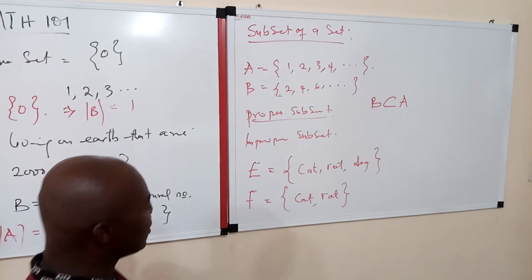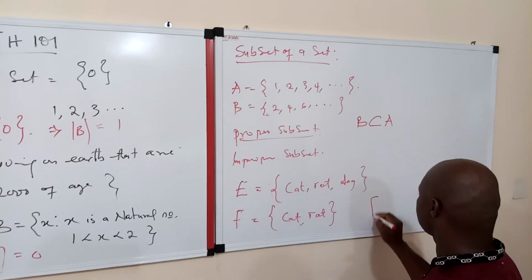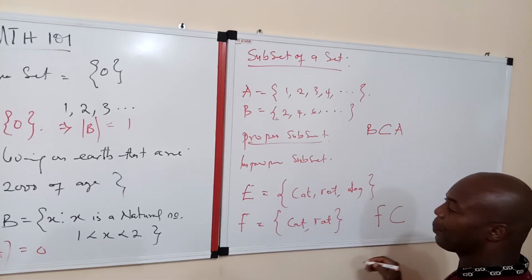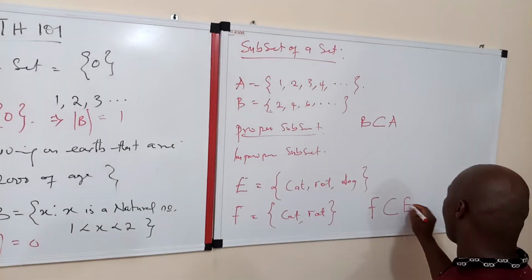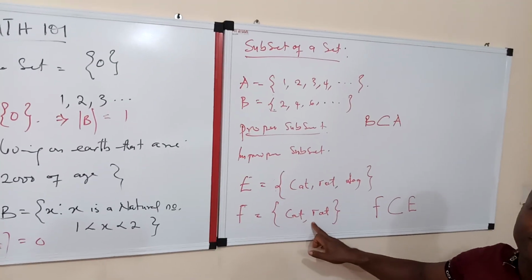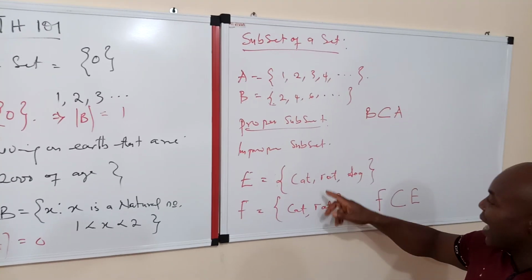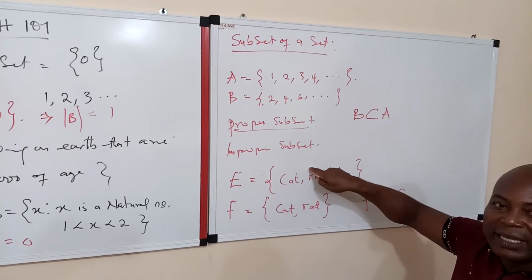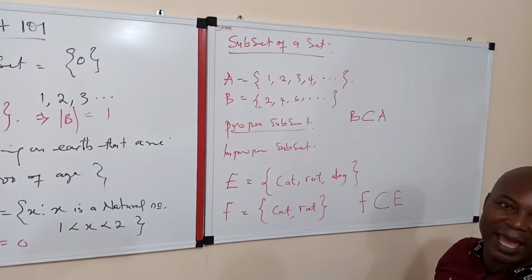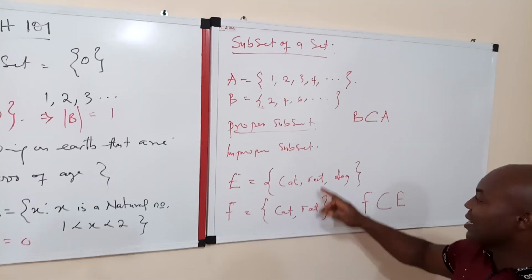Now, given these two sets, we are saying that F is a proper subset of E because all the elements in F are contained in E, whereas there are some elements in E that are not in F. So you can see that cat is here, rat is here.